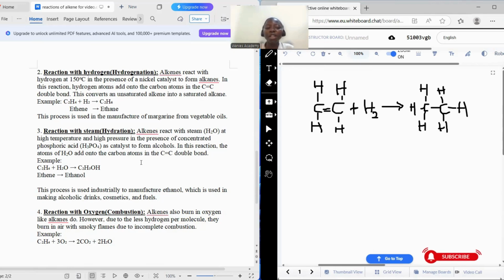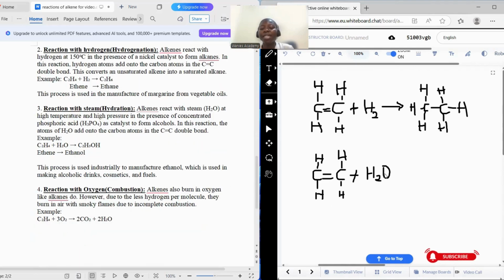So in this reaction, the atoms of water are added across the double bond: ethene plus H2O. This reaction leads to the production of ethanol.